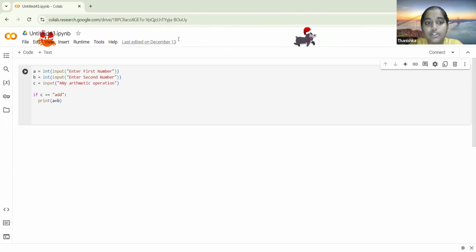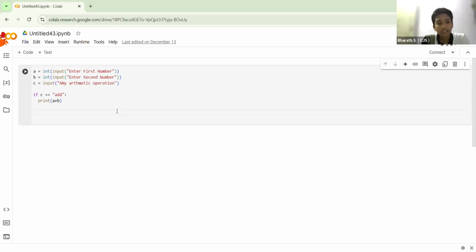Yeah. So can Bharat tell me what to do next? If C is equal to add, then we add it. Then what next? Next, else C is equal to subtract. Okay, else C is equal to subtract.